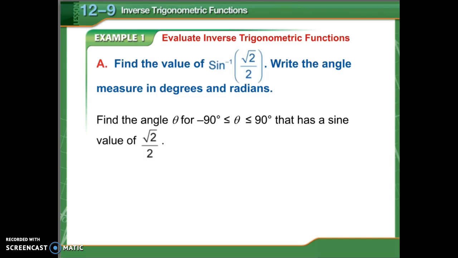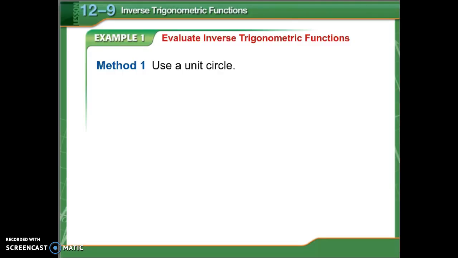There's a couple angles that have square root of 2 over 2 as the sine value, and they would be pi over 4 and 3 pi over 4.